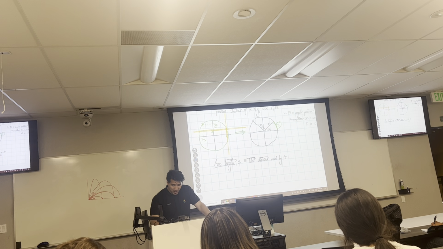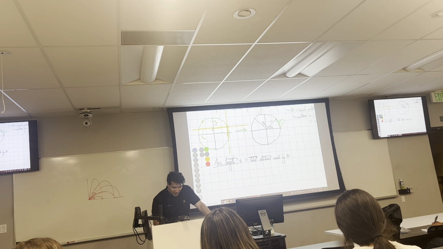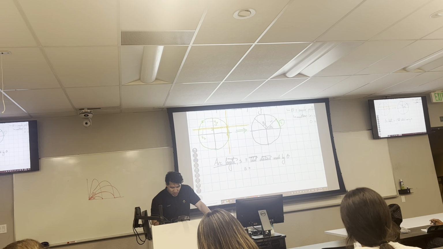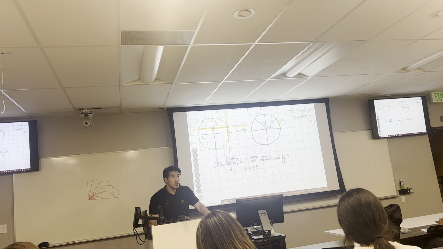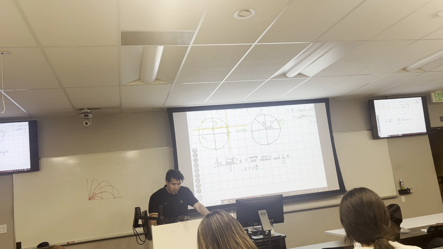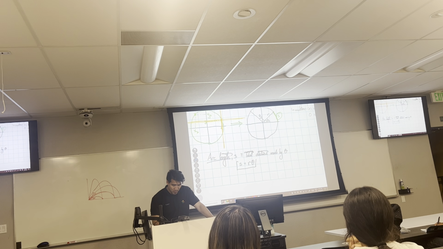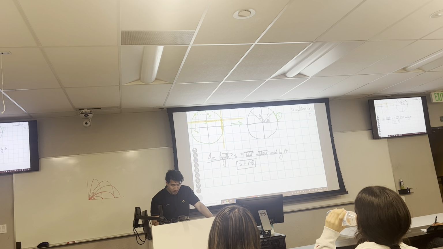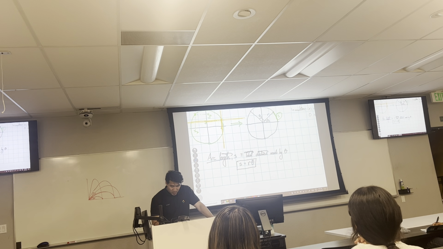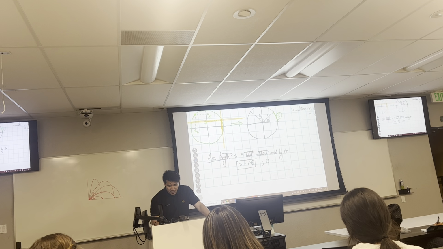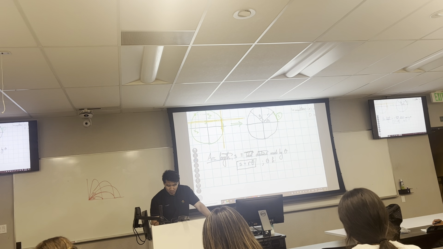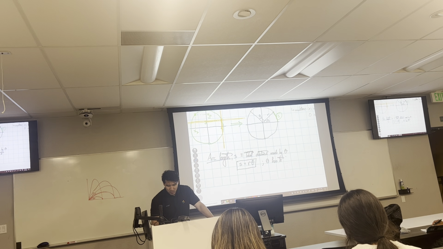So these are related, and they're related in this fashion. S is going to be R times theta. And here, theta has to be in radians.